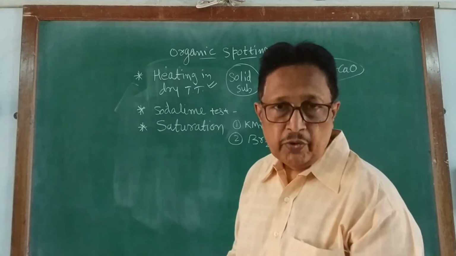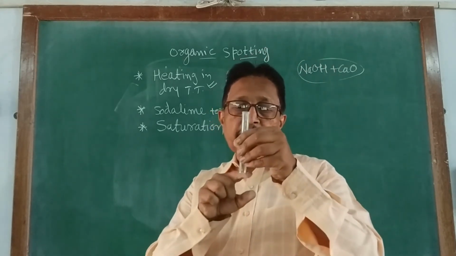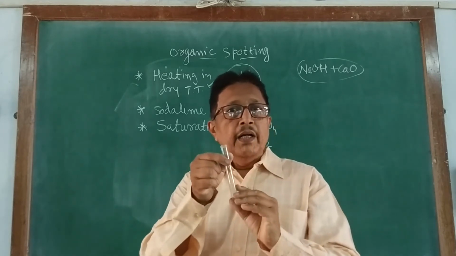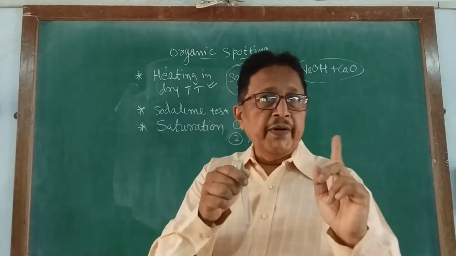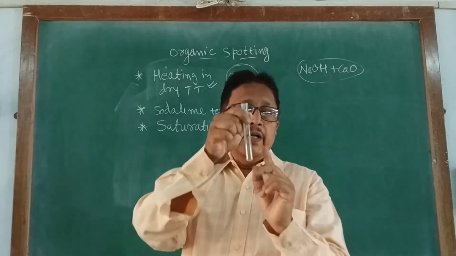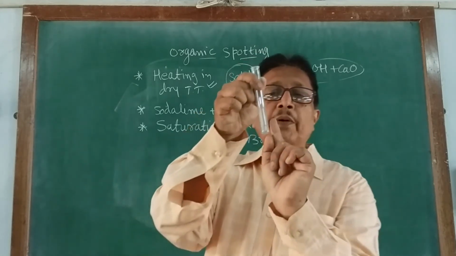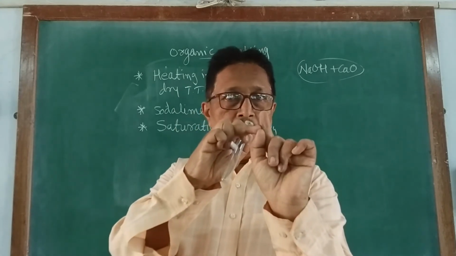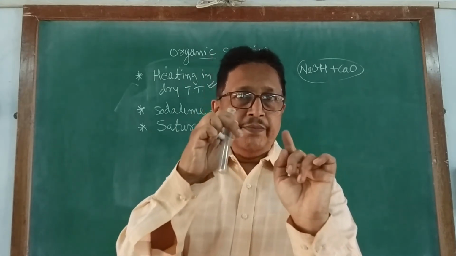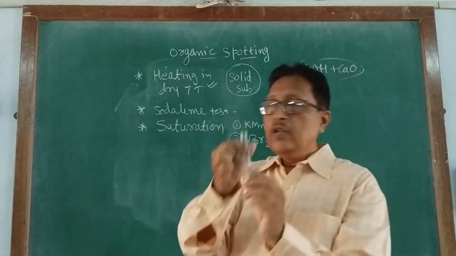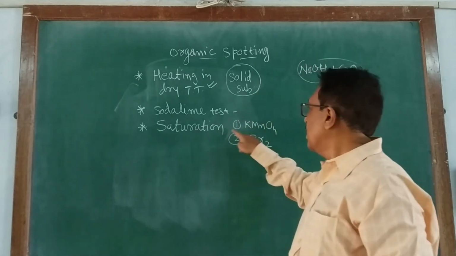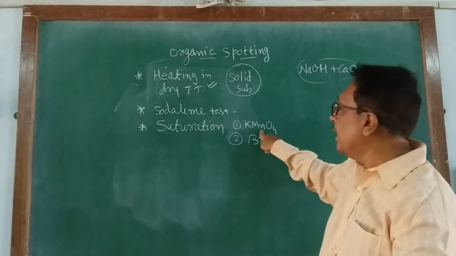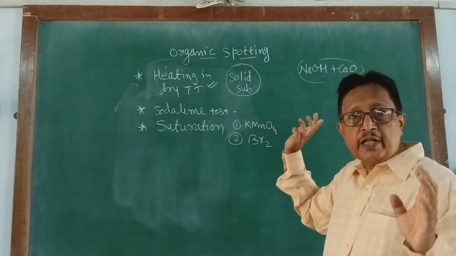Now how much amount? First of all, your substance, according to this curve, and how much liquid should be added, according to this much amount. Nearly half inch. So substance plus sodium carbonate and KMnO4, the solution is already prepared.